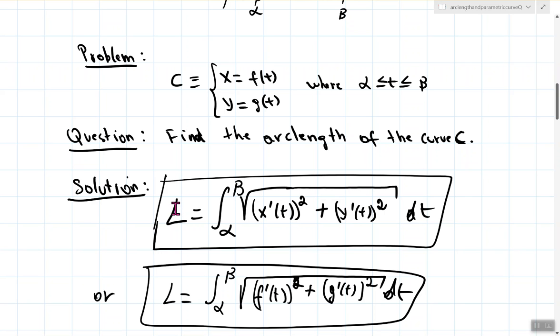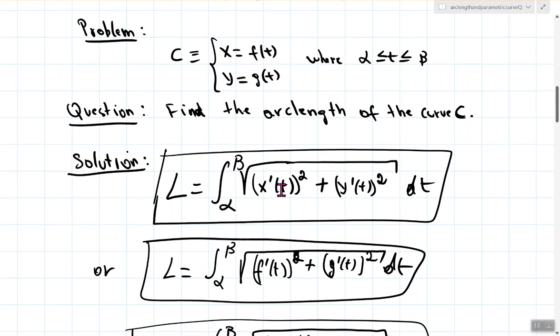L, which is the arc length, equals the integral from alpha to beta of the square root of x prime of t squared plus y prime of t squared. You put them under the square root and then dt. Because x is f of t and y is g of t, sometimes you'll see x prime replaced by f prime of t, and y prime replaced by g prime of t.